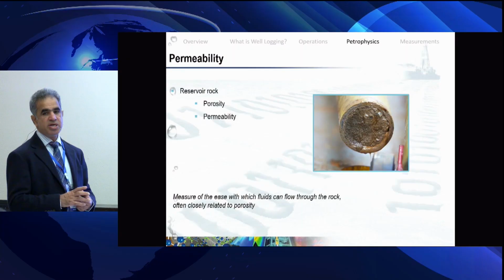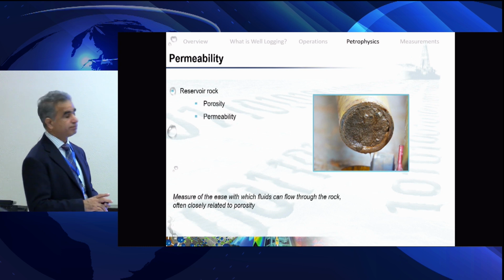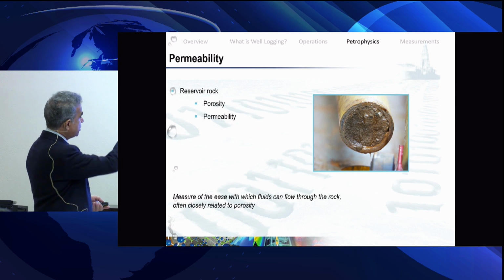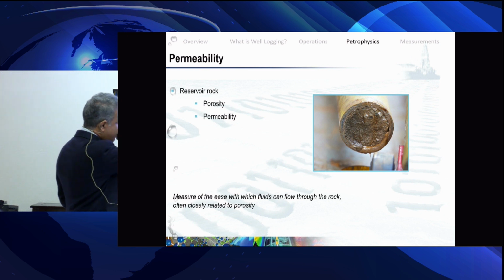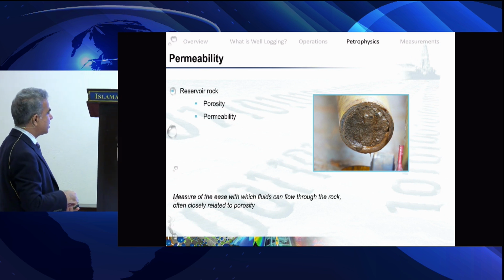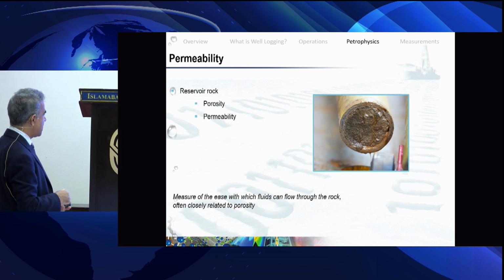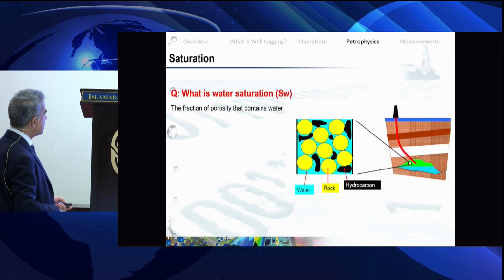When we say tight rock or unconventional rock, permeability ranges are in decimals, or for shales even in micro and nano millidarcies. You can see the drilling mud fluid packing in the borehole, and it can also flush into the rock, which can create problems, particularly for permeability.